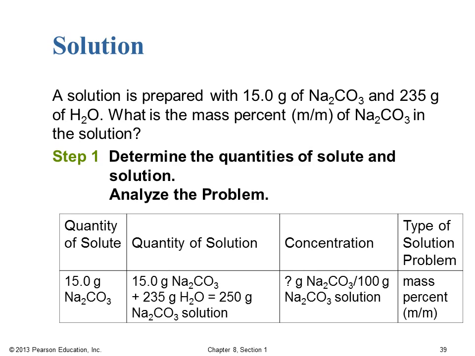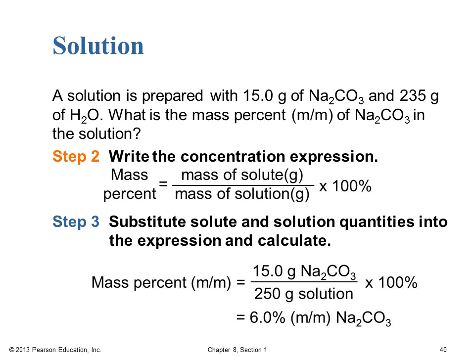What we are given is the mass of the solute, which is 15 grams of sodium carbonate, and we know that we have 235 grams of water. We're looking at mass percent, so we're trying to figure out the mass of solute divided by the mass of solution times 100. We can write out our equation.